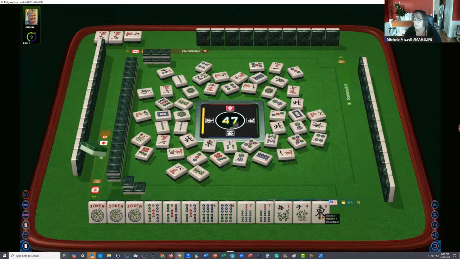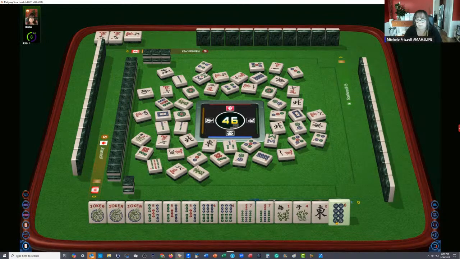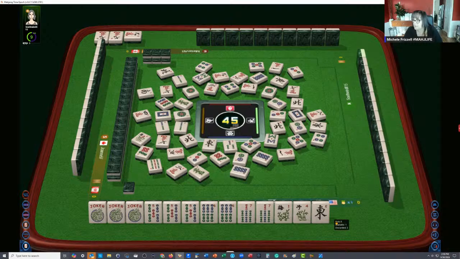Four dots. Nine bamboos. Okay, this is interesting right here. There was a hesitation on that 9. Eight dots. Eight characters.